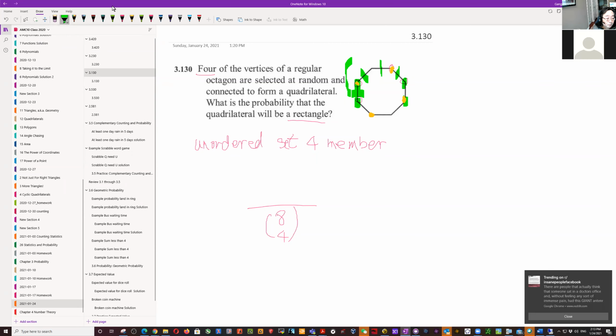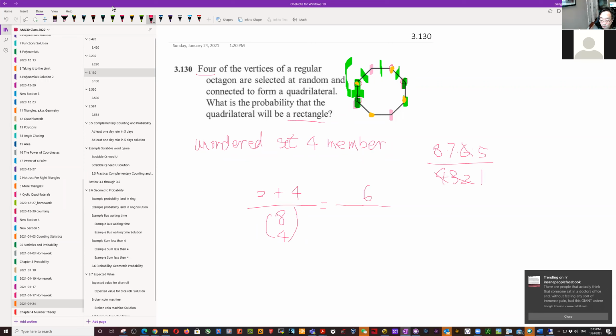And this is the other one, 1, 2, and 3, 4. So we have 2 squares plus 4 rectangles, so it's 6 on the top. 8 choose 4 is 8, 7, 6, 5 over 4, 3, 2, 1.